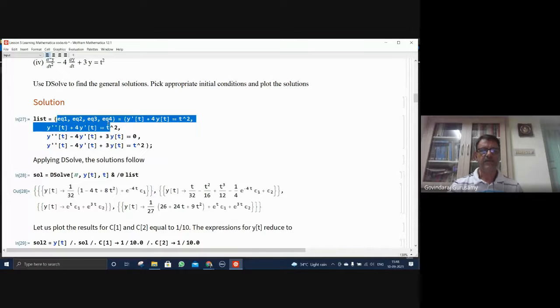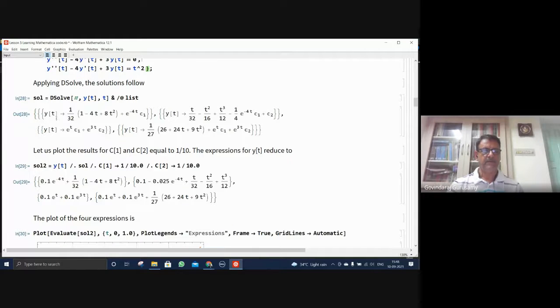I have 4 equations, put them in list form, a 1-to-1 correspondence has been established. Then DSolve is going to be common for all of them. Therefore, it is applied over the list by using a hash. This hash takes this list one by one, repeat, and means you do that DSolve over this list. So the result, then every rule has been used here, solution.